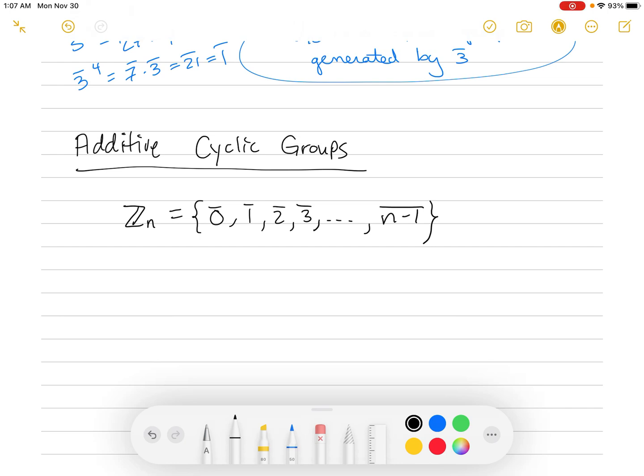So you can actually write this as k times 1 bar. Let me write it that way.